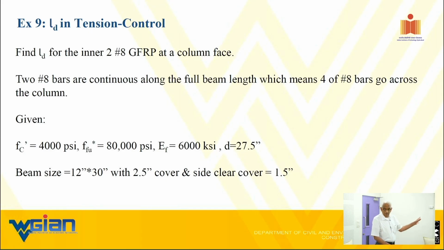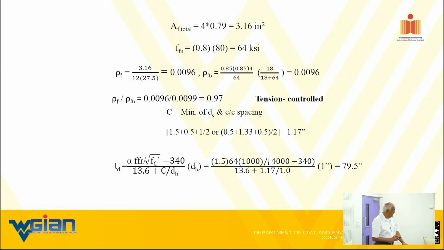If you remember, you have seen that about 6 slides before. What is given is 4,000 psi concrete, 80,000 psi, before correction, 6,000 ksi modulus, that is the effective depth, beam size is 12 inch by 30 inch with 2.5 inch cover, and the side cover is 1, that's given.